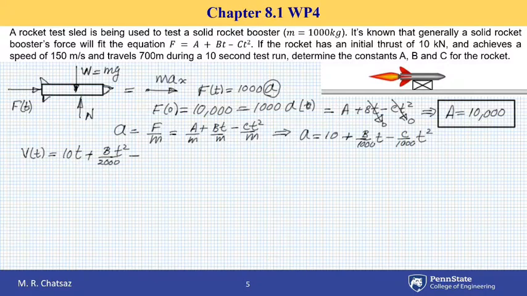Then I have minus Ct cubed over 3, which gives me Ct cubed over 3 times 1000, or 3000, plus initial velocity, which if we take it to be 0 will give us this equation.